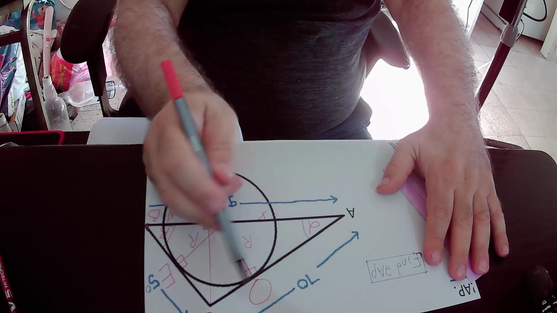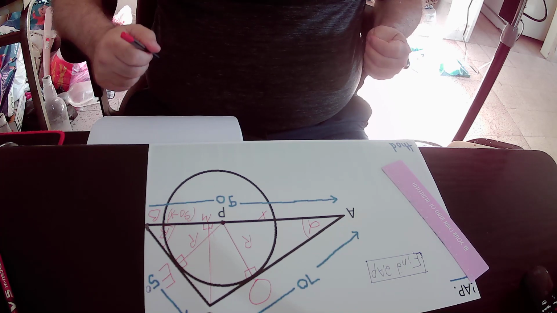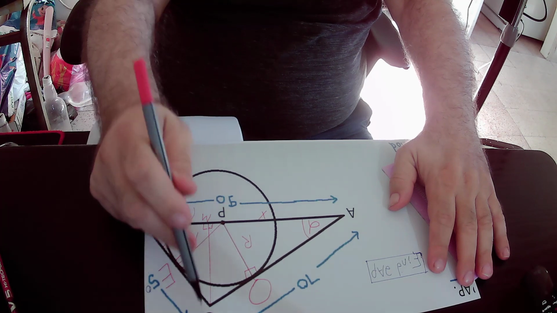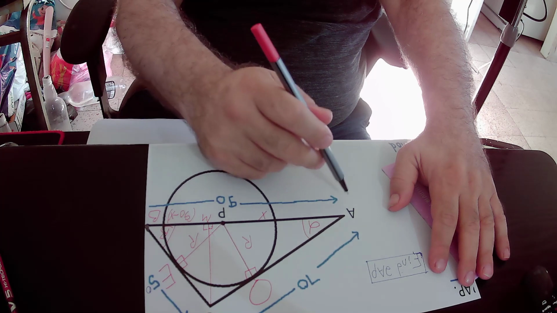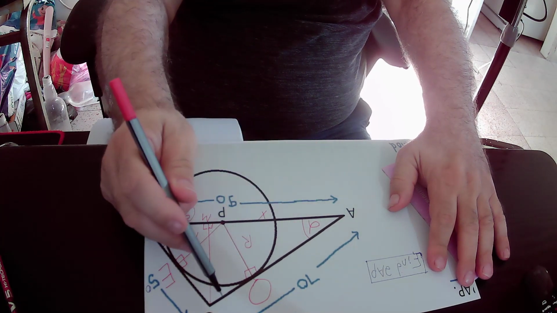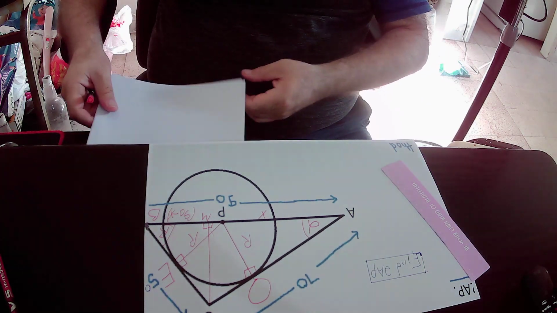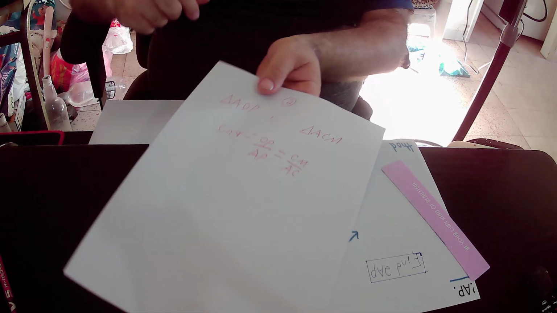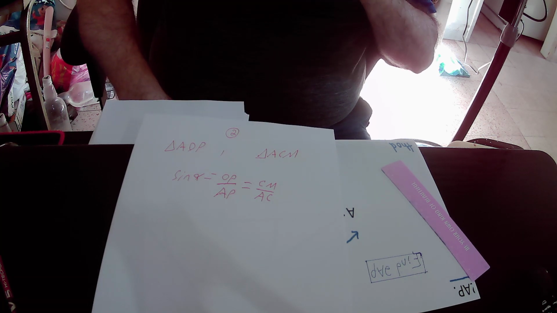So AC must be the hypotenuse, because in any right triangle we have two perpendiculars, and those two are AM and CM. So what is left is that AC must be the hypotenuse. Okay, so in total we got that sinus alpha equals OP over AP, which equals CM over AC.